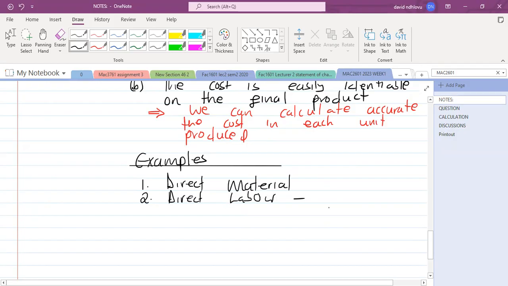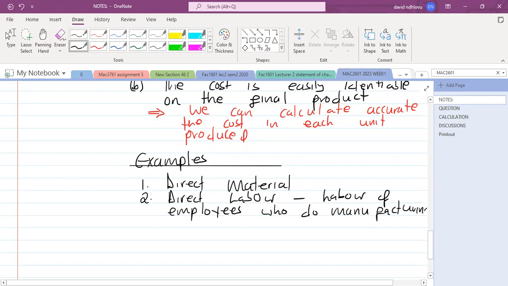When you talk about direct labor, this is the labor of employees who do the actual manufacturing. So these are the guys that handle the machines. Right, these are the guys that do your machining.